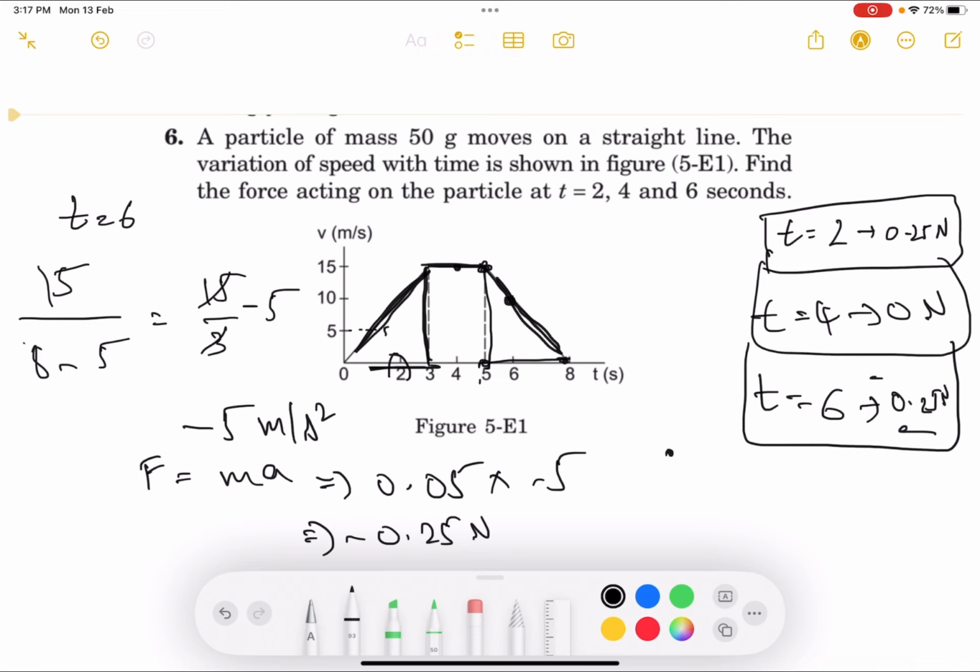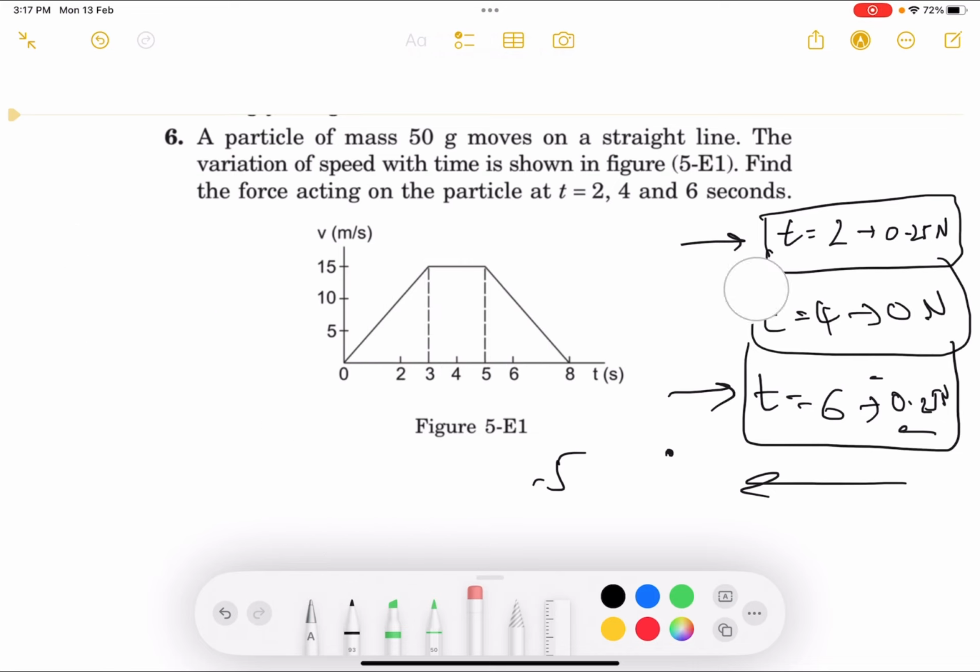In the opposite direction to which the object is moving. So your answer should be: 0.25 newtons along the direction of motion, 0 newtons, that is no force at all, and 0.25 newtons in the opposite direction to the motion. So this is what the answer for this problem should be. Now, moving on to the next question.